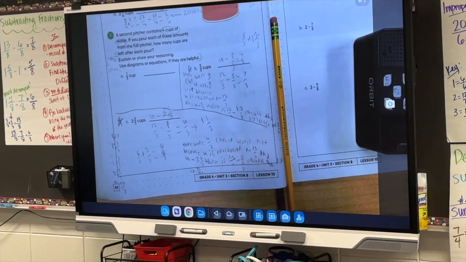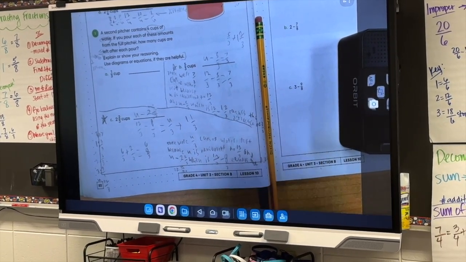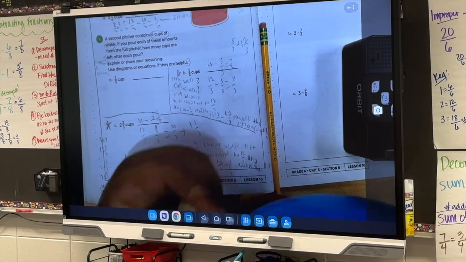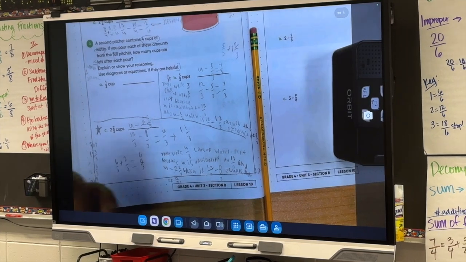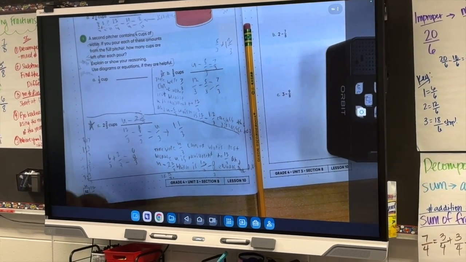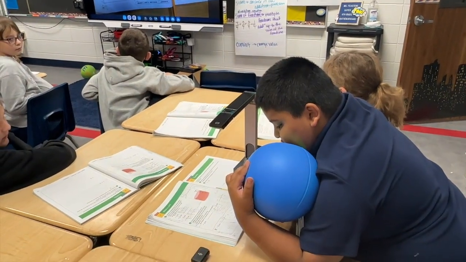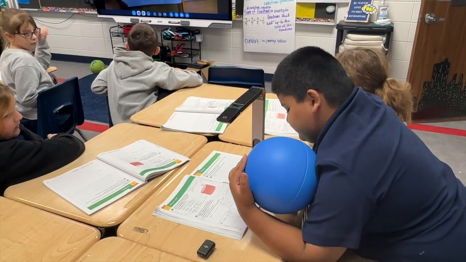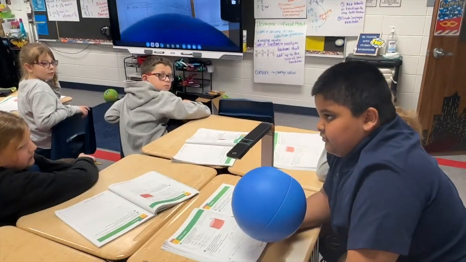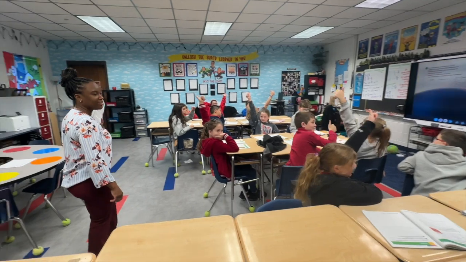So we said 1 and 2 thirds is equal to 5 thirds, and then we made a reasoning, which we said there were 7 thirds cups of water left because 4 is equivalent to 12 thirds, and 4 minus 5 thirds, which is 12 thirds minus 1 and 2 thirds equals the difference of 7 thirds. Give me a thumbs up if you agree. Give me a thumbs down if you disagree.